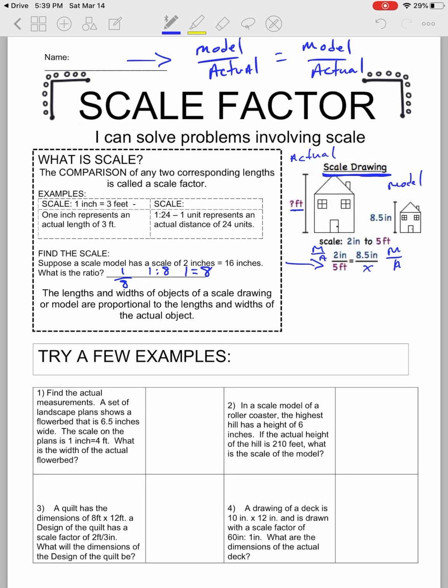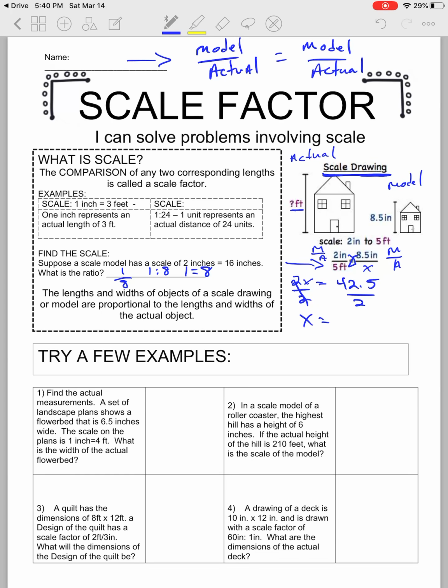Now how do we solve for X? If it came to your mind, you're supposed to cross multiply and divide, right? If you do, you'll have 2x is equal to 8.5 times 5. That's 42.5. Now remember, to separate x from the coefficient, we simply divide.